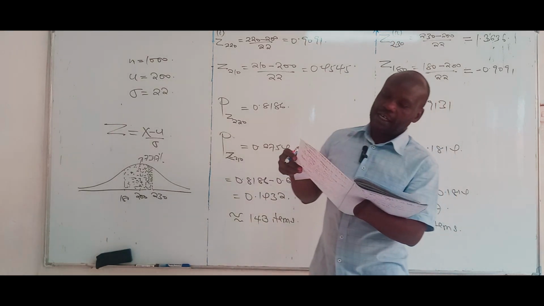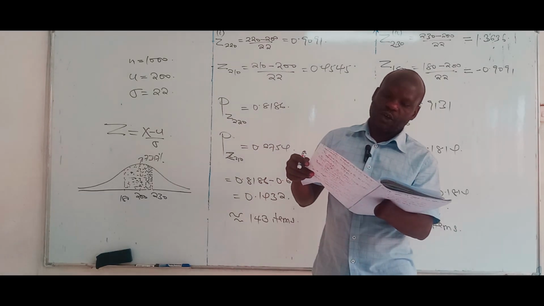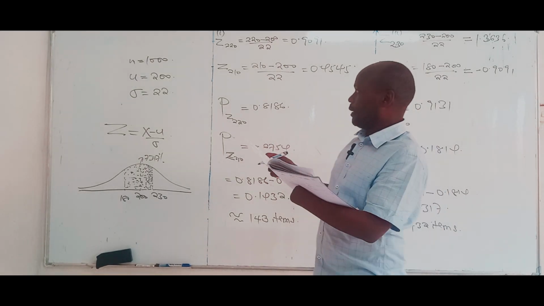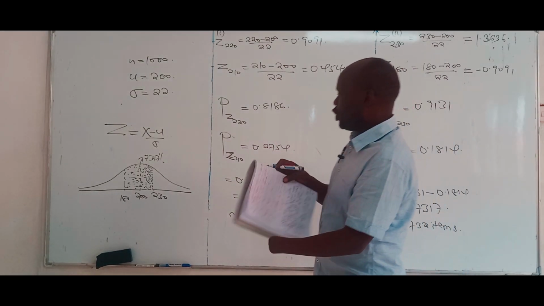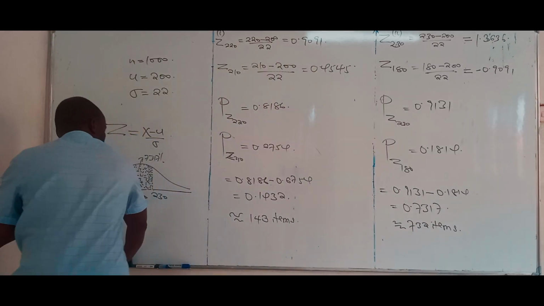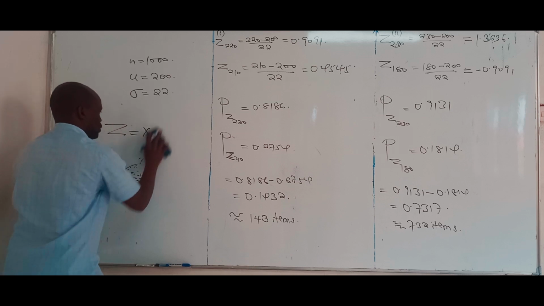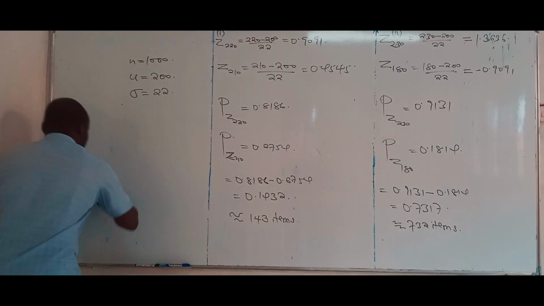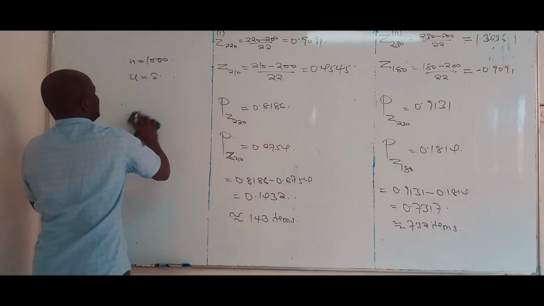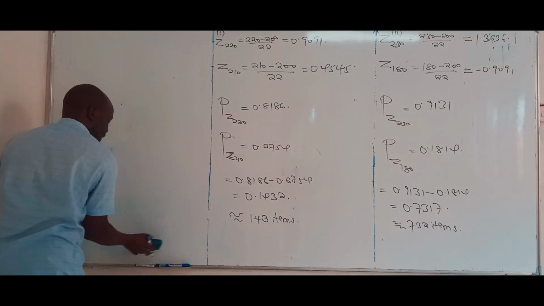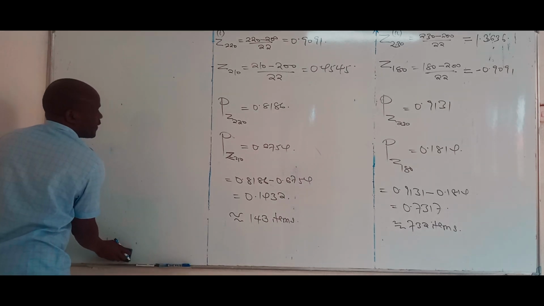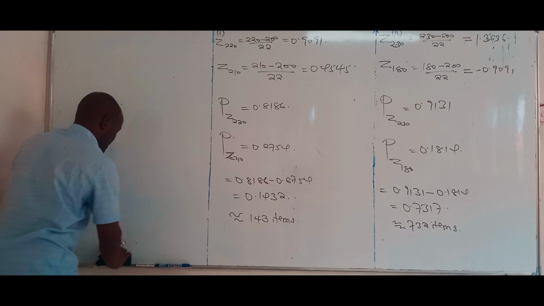And now we have Roman 3. Calculate the weight below which 20% of the items fail. No, I still need this. I need that. What I don't need is this.